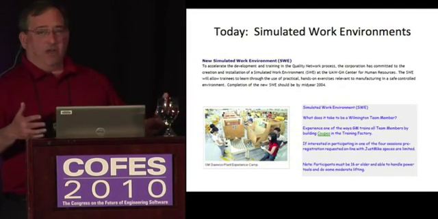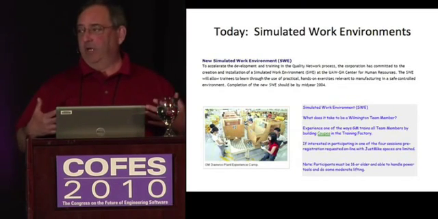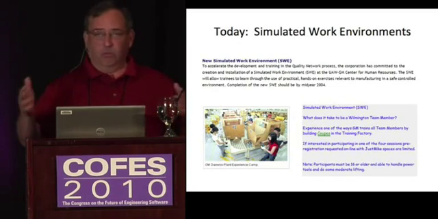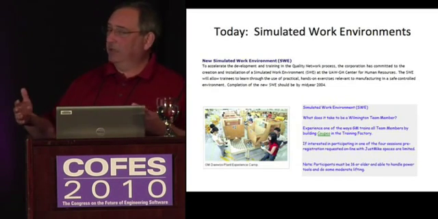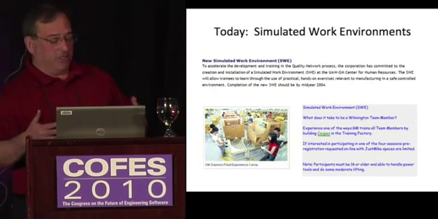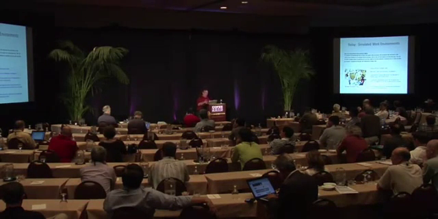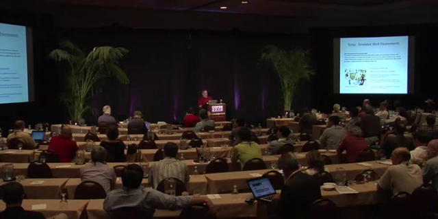And we use this environment to train the operators on the task and to allow the operators to collaborate, to improve the layout of the facility, improve their own productivity and comfort. But it's real people working with physical prototypes, and we call that simulated work environment.